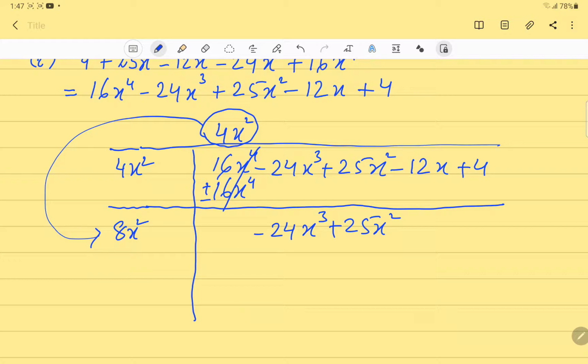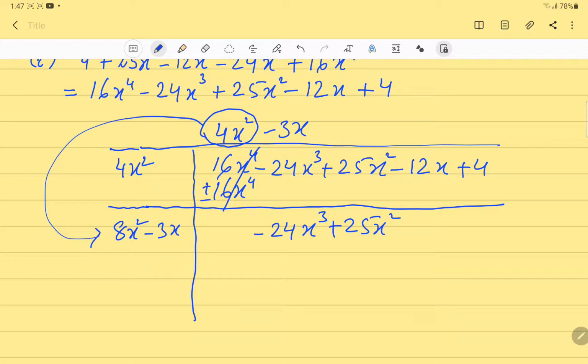Now we have to multiply 8x squared with a term which will give us minus 24x cubed, which is obviously minus 3x, and the same minus 3x we will write over here. Now we will multiply minus 3x with 8x squared minus 3x.